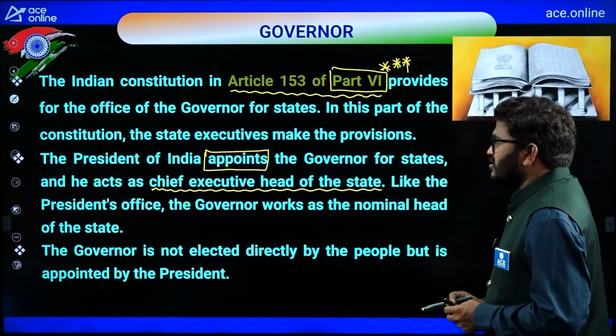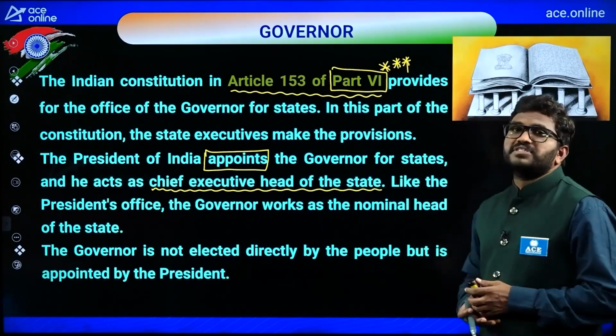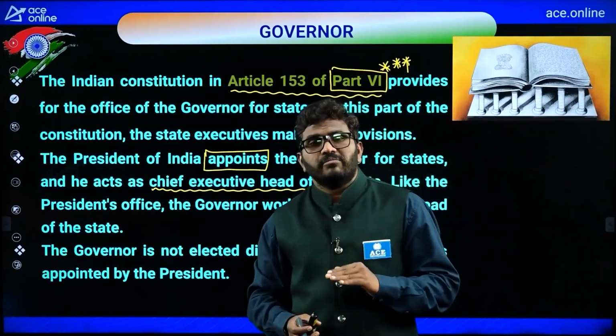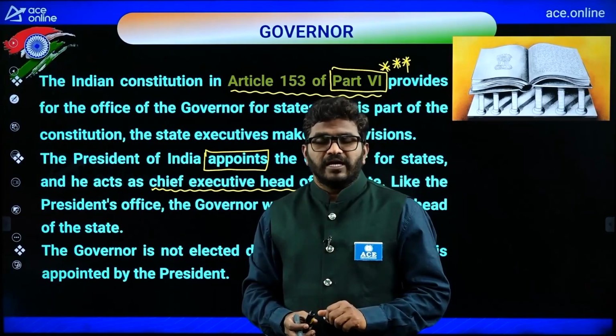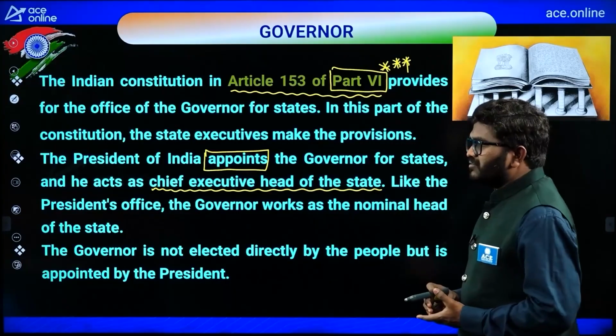Like the president's office, the governor works as the nominal head of the state. In the central government, the president is a nominal head; in the same way, at the state level, the governor is the nominal head of the state.